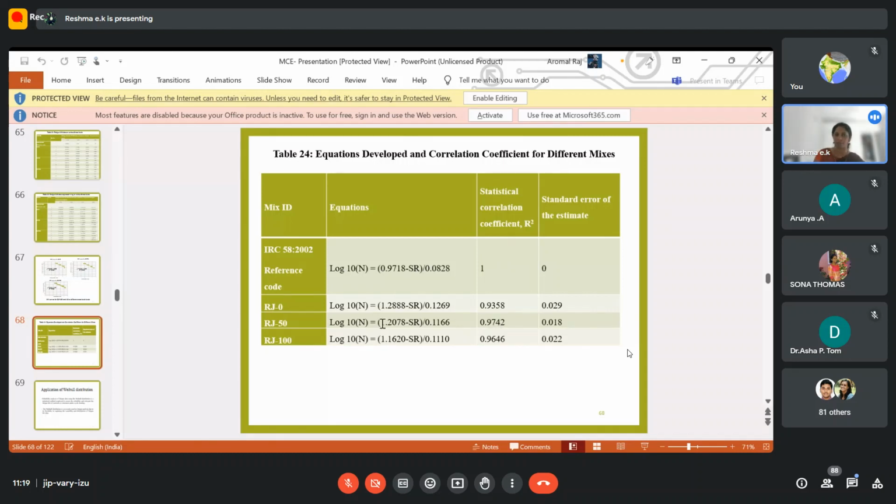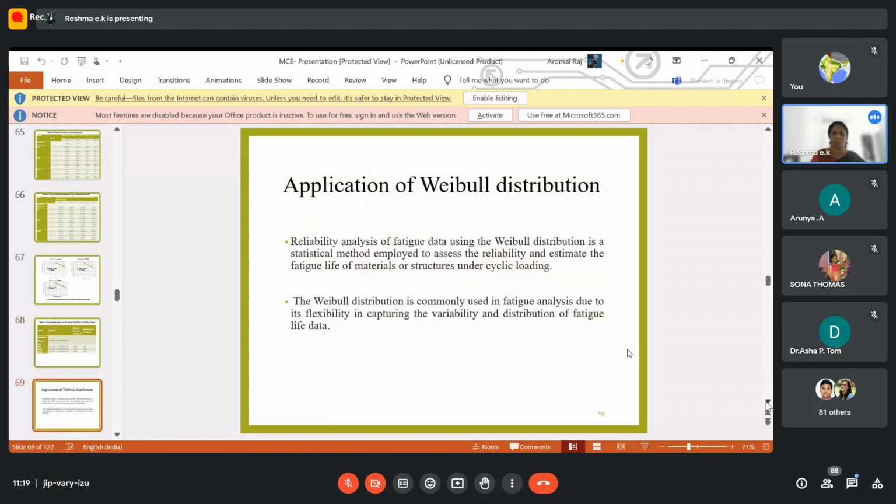The equations were developed for all the three mixes I have used, based on only 3 different stress ratios. I know in the IRC 58 table the stress ratio ranges from 0.45 to 0.85, but here I took only 3 stress ratios because of the limited number of samples available.